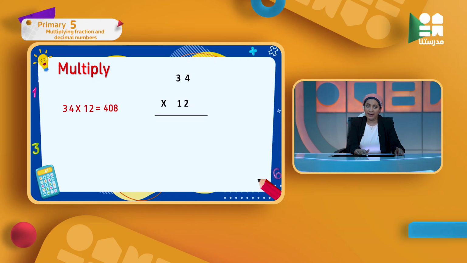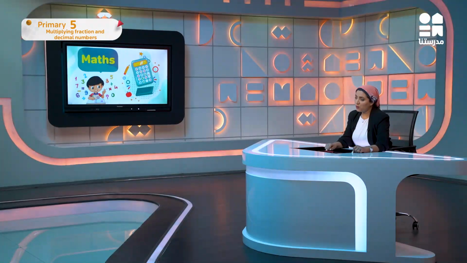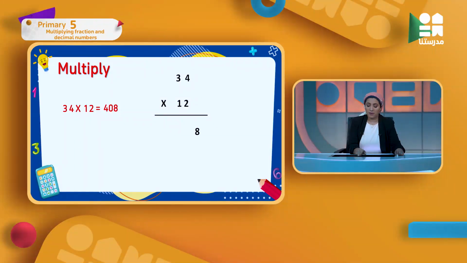I look at the number at the bottom, the units digit 2. I have to multiply it first by the 4, then by the 3. So 2 times 4 is 8. Then 2 times 3 is 6.